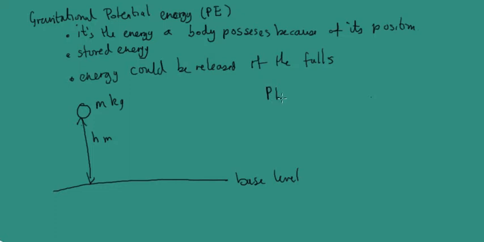The potential energy is going to be given by the mass times g, 10, times h, or we can think of it as 10mh. And again, it's measured in joules. The potential energy that a body possesses depends on its height, therefore. The height is measured at this base level. So at the base level, down here, the potential energy is going to be 0, because the height is 0.